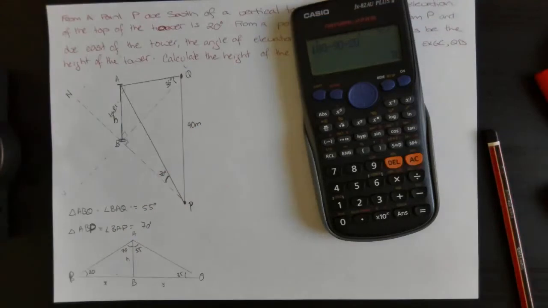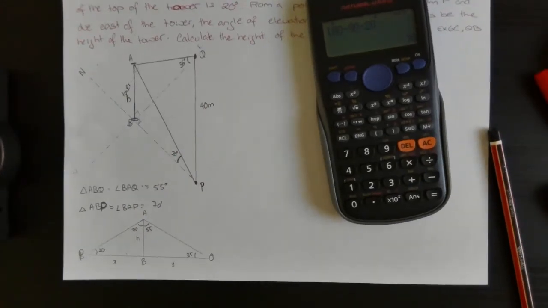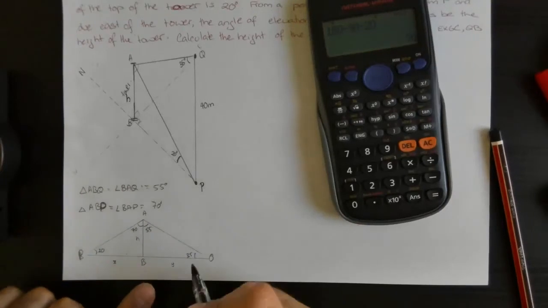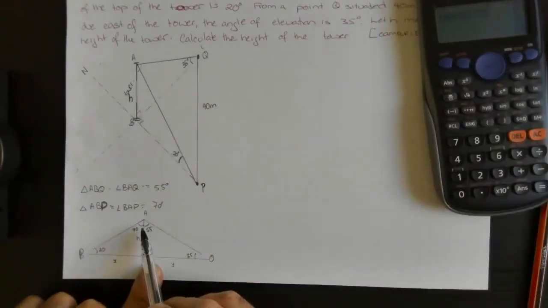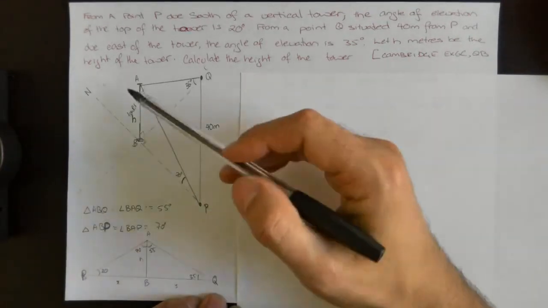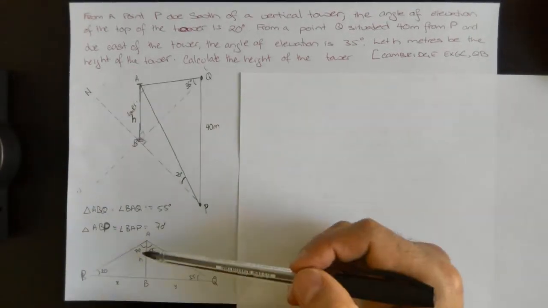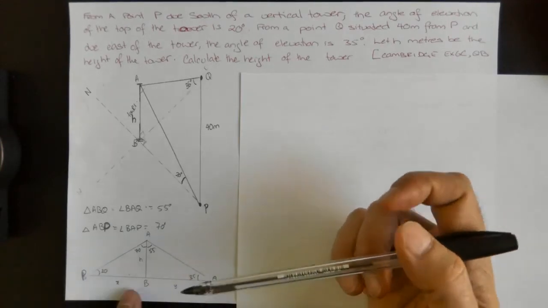We don't know those two measurements there, but we want to find out what the height of that tower is. So we obviously know these angles. We don't know these measurements, BP and BQ.